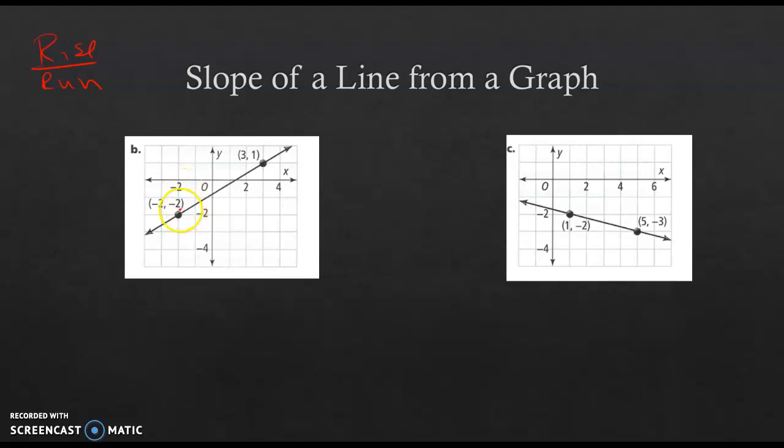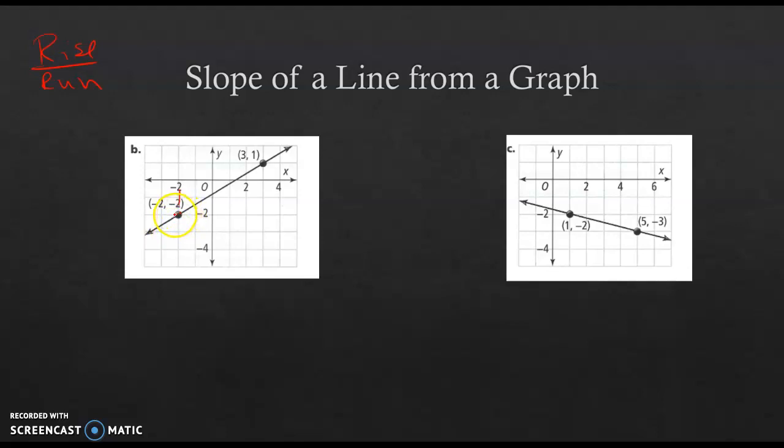So rise over run, I always start at the left point and then go to the right point. So I do my up or down first, and that's part of the reason why I start from the left point, because the up or the down is going to determine my sign of the slope.